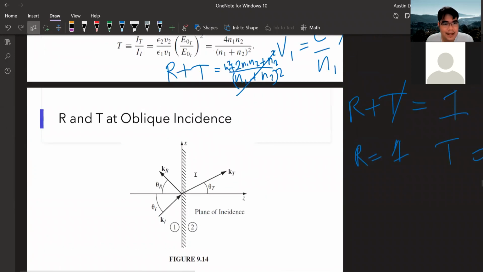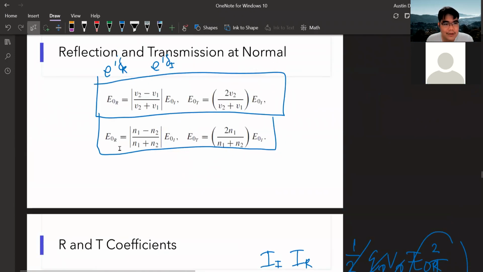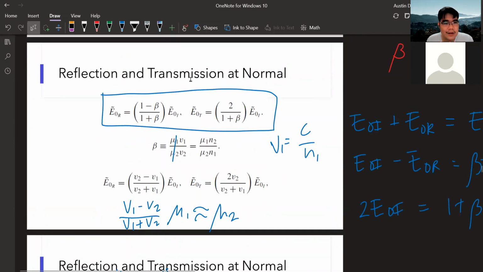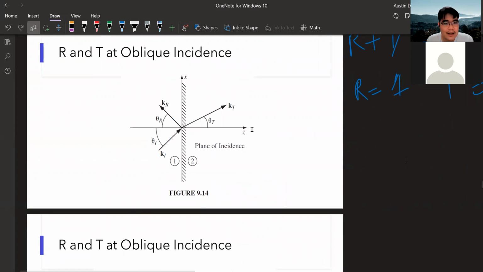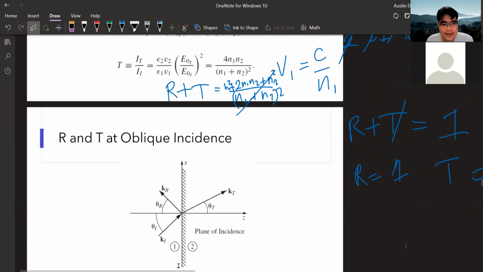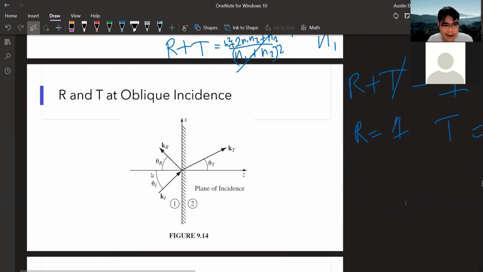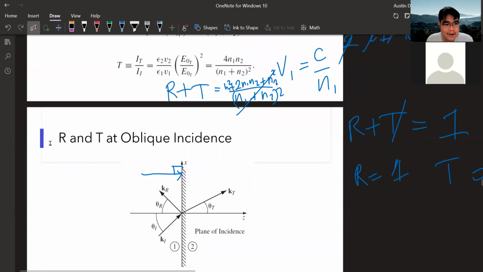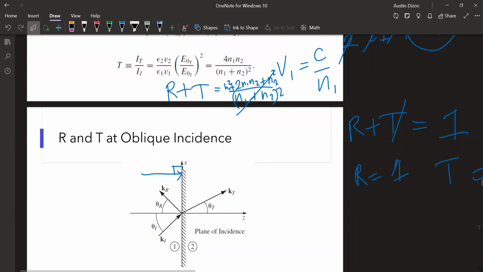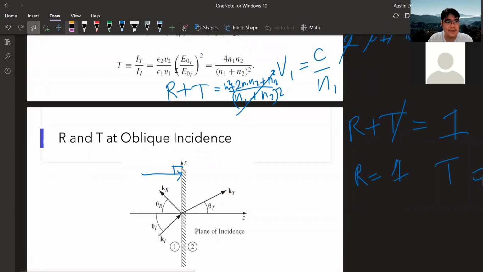Now, itong unang ginawa natin is reflection and transmission at normal incidence. Therefore, yung collision niya dun sa surface mo is head-on, perpendicular yung collision niya. So now let's look at the more general case, that is yung oblique incidence mo.